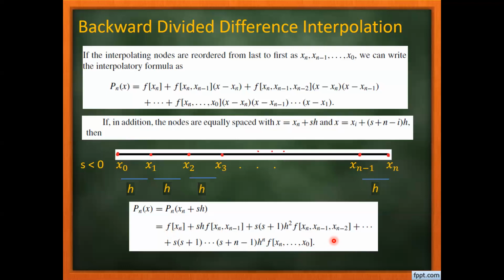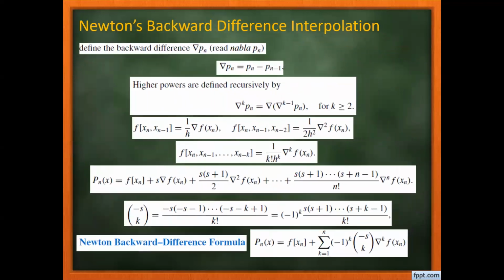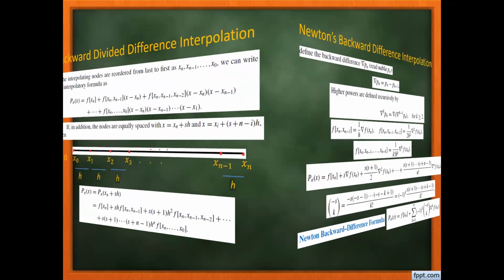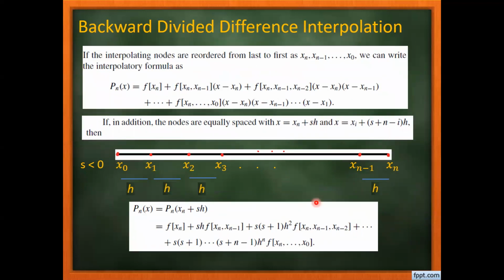Okay, now you are done with this. Let's move to Newton's backward difference interpolation. Now, the one we have discussed is backward divided difference interpolation. As we replaced Newton's forward divided difference interpolation with just Newton's forward difference interpolation, we are going to do the same with backward divided difference interpolation.